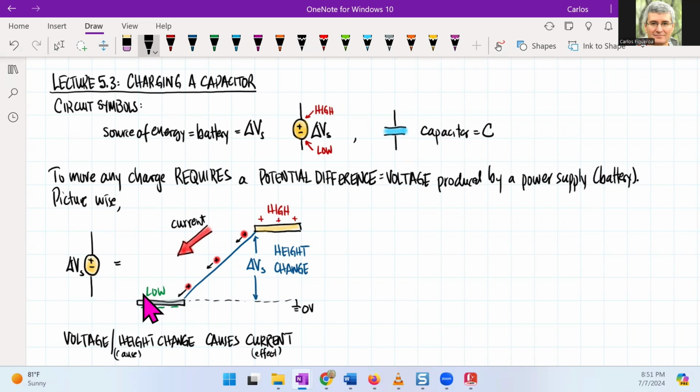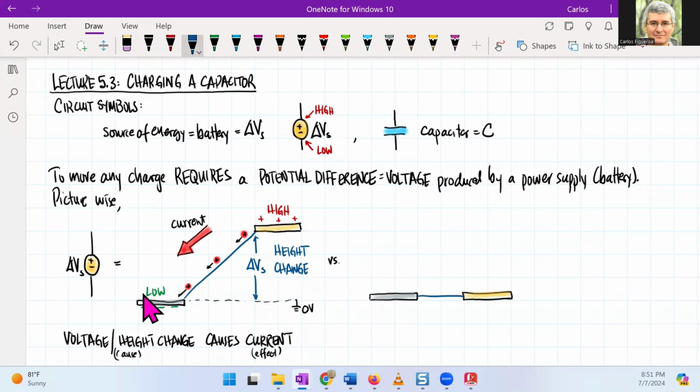Now I could have something different, and I want to compare this to this situation. I could have two plates that look like this. If I look at these plates, you can see there's no height change.